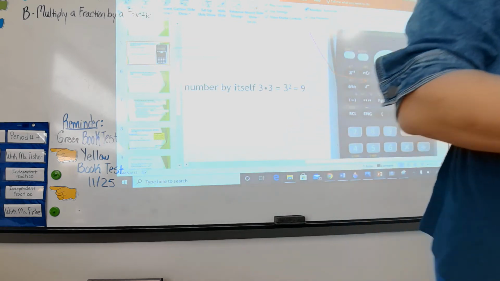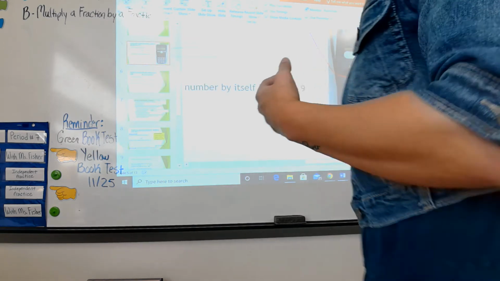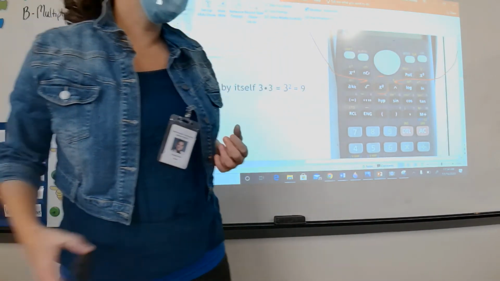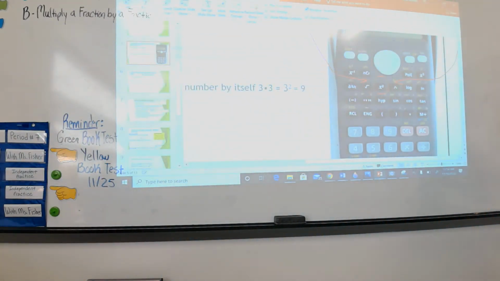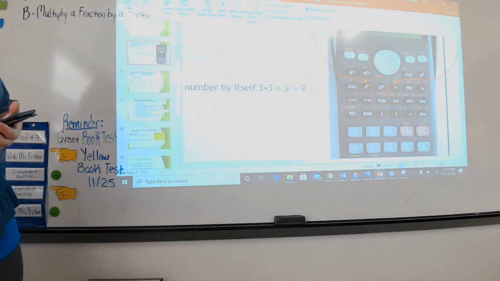All right, so we're going to look at the bottom half of this worksheet first, and we're going to see if we come up with the same answers. This part of your test on Wednesday is going to be super duper easy as long as you know how to utilize your calculator. The first one is asking, what is 11 squared?